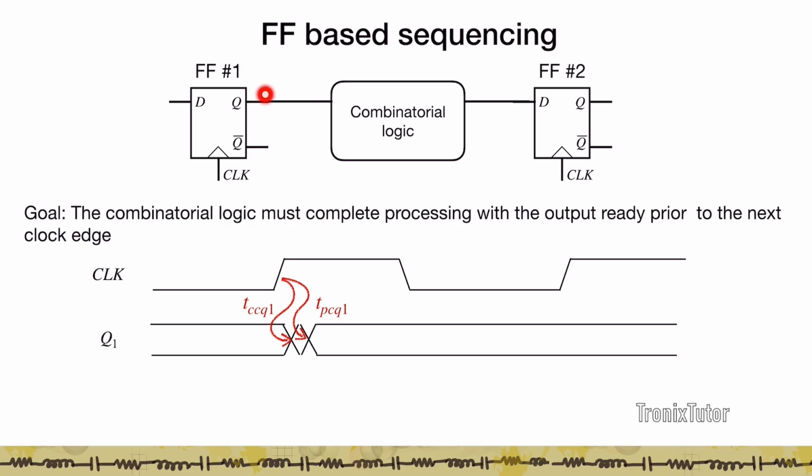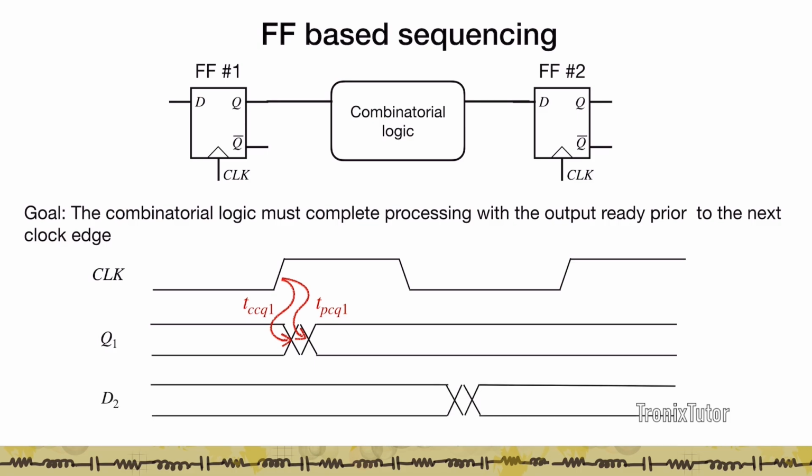Now, this Q1 is ready after TPCQ1. Once this is ready, this data needs to then flow through this logic. And so therefore, if I look at the input of D2, the input of D2 has to be after Q1 flows through the combinatorial logic. Now this is a piece of digital logic.